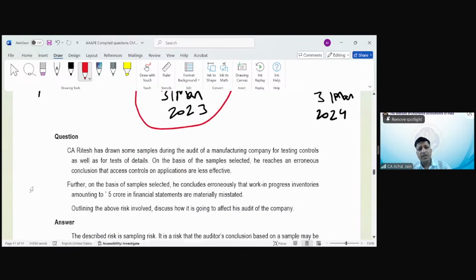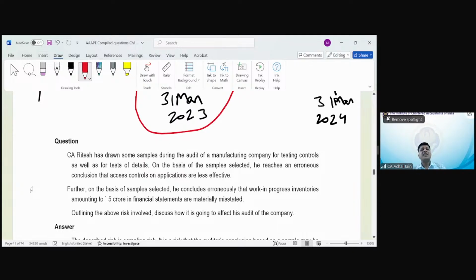Sure. So I think we can pick up one more. CA Ritesh has drawn some samples during the audit of a manufacturing company for testing controls as well as testing of details, meaning control testing as well as substantive testing. On the basis of samples selected, he reaches an erroneous conclusion that access controls on the applications are less effective.